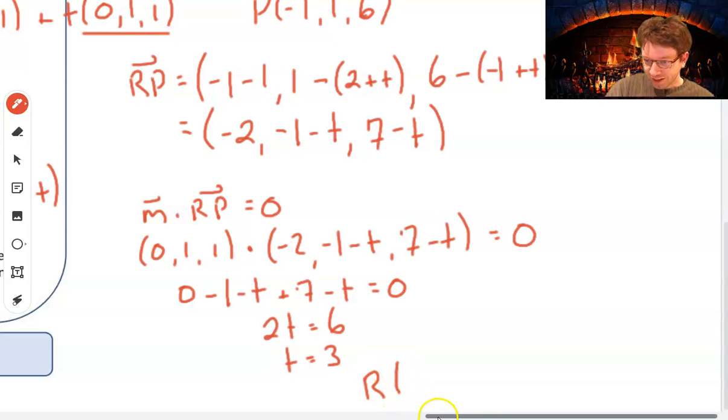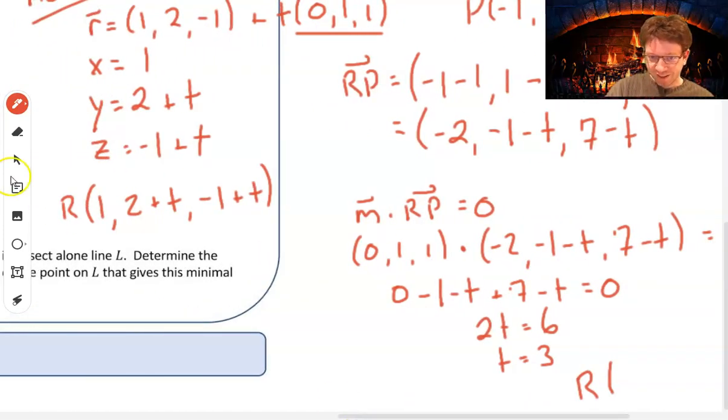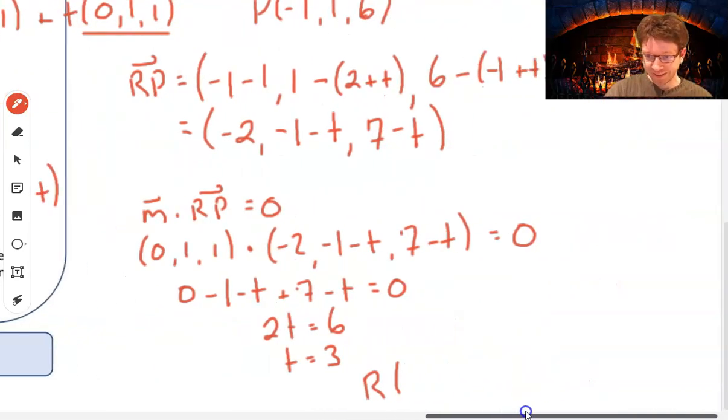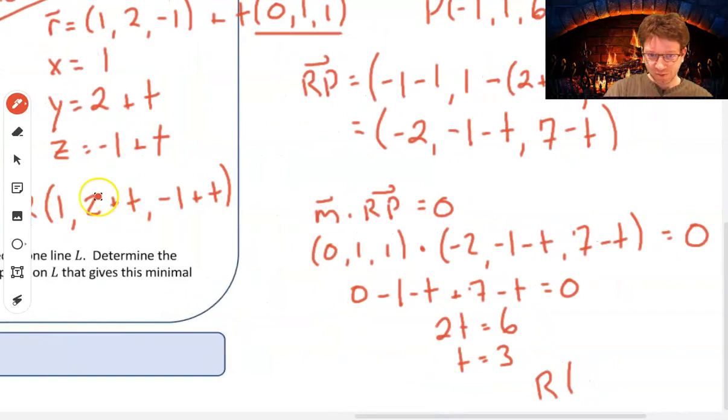Remember before I said R is this point here? I just didn't know what it was, but it was a point on the line that is closest to the point off the line. And now I know what it is, because it is 1, then it was 2 plus T, where T is 3, so that's 5, and then minus 1 plus T, where T is 3, so that's 2.